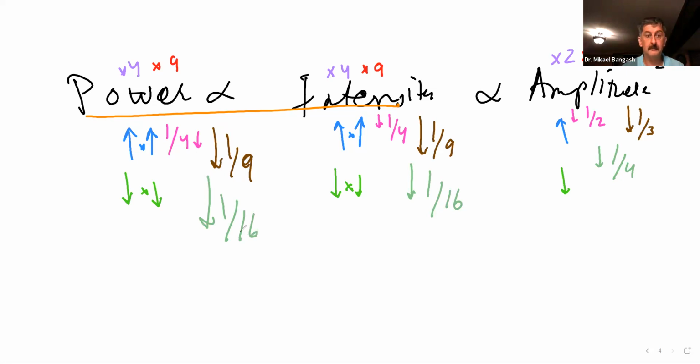So is this. Whereas if amplitude increases 4 times, power and intensity is going to increase 16 times.